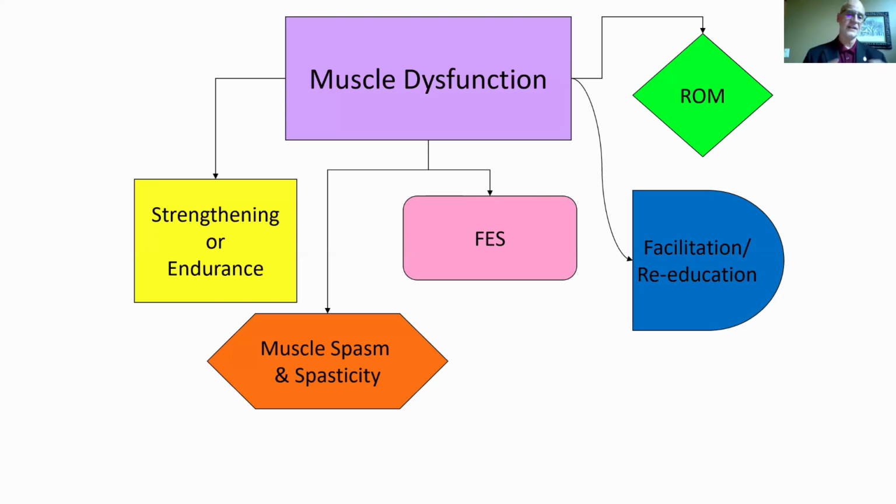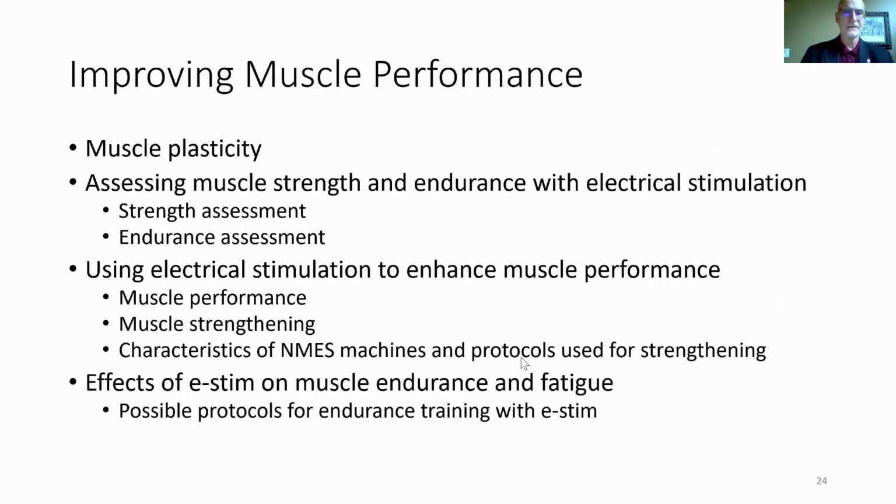The settings are going to be similar to what we talk about with strength. And then facilitation is similar to strength, except you're just not using as high an intensity. And again, there's not good evidence for trying to increase or even maintain range of motion with electrical stimulation.